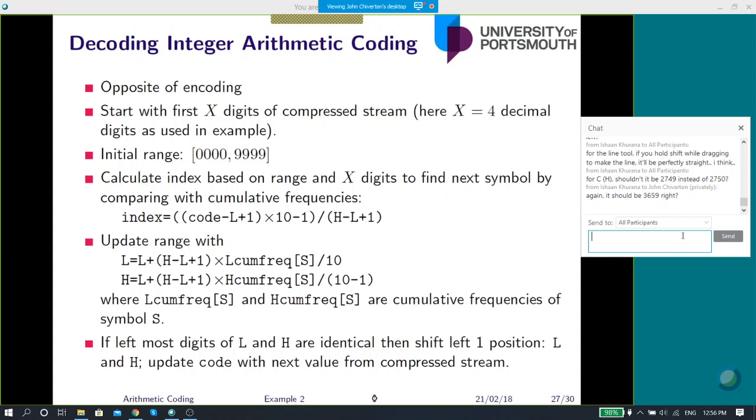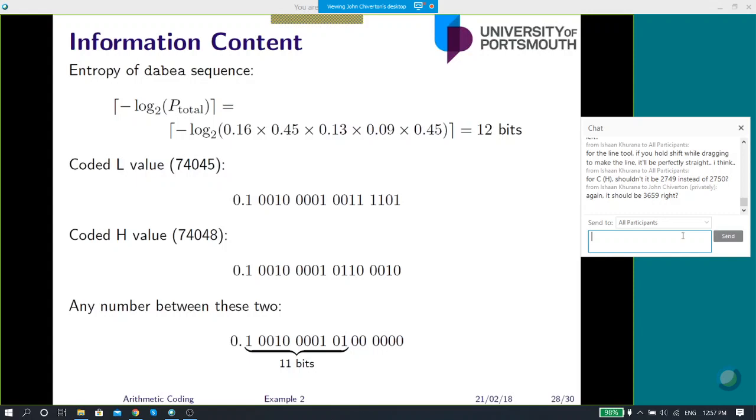Decoding follows a reverse process. So you start off with the initial range of values, and then you do a reverse calculation based on what the received code is. So that's another bit fiddly process to follow, but you can work out entropy as well, the number of bits that are needed for the code.